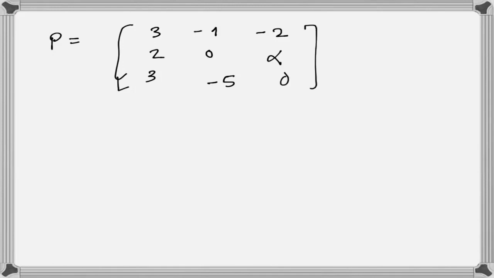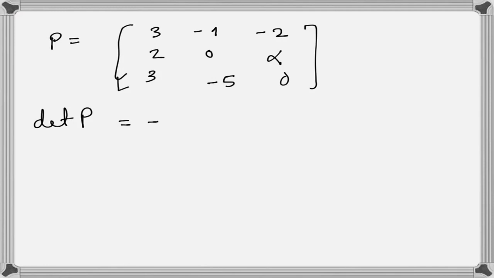Okay, so let's see what is a P matrix. So P matrix, which is given, is 3 minus 1 minus 2, 2 0 alpha, 3 minus 5 and 0. So if you calculate the determinant of P, let's take the third column, because there is a 0, so let's expand from there.